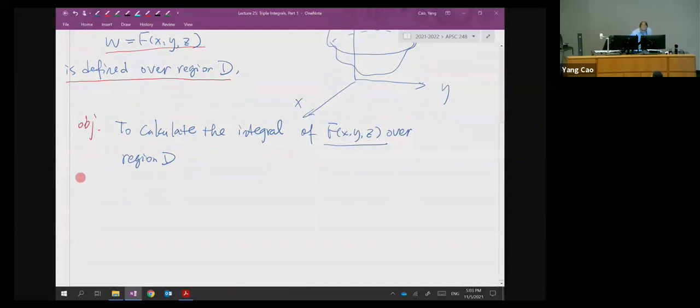Let's give this function a meaning. Let's assume this is a density function.